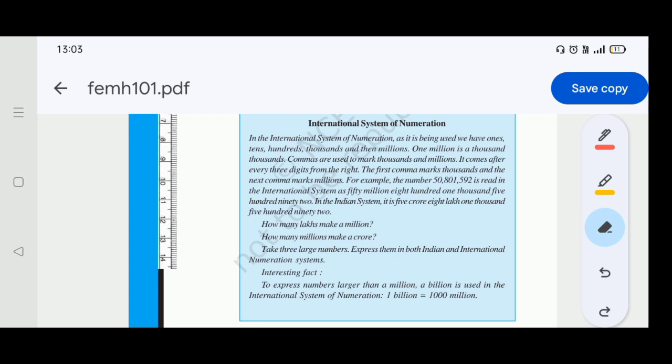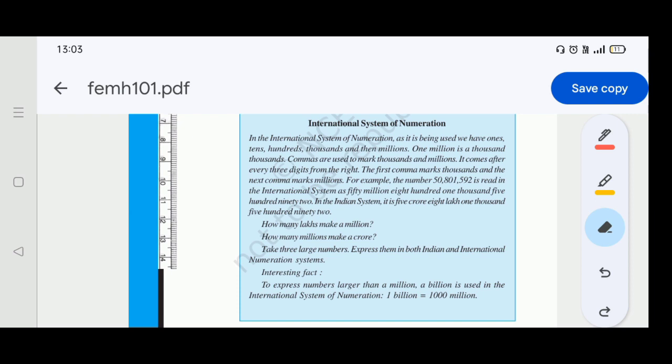For example, over here we have a given number. In the international system, it is read as 50,801,592. In the Indian system, we can read it as 5 crore 8 lakh 1,592. How many lakhs make a million?